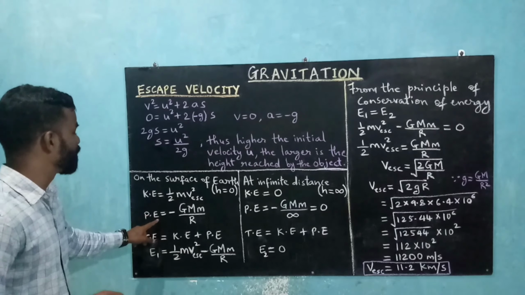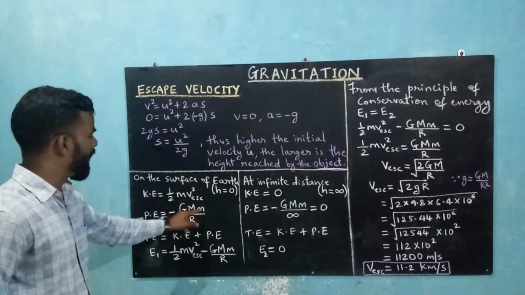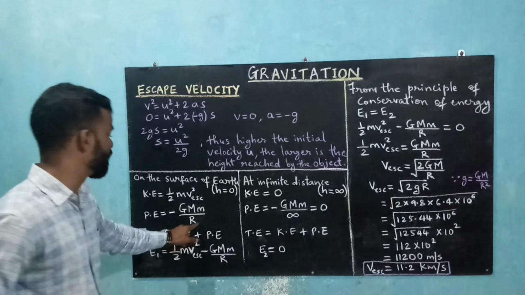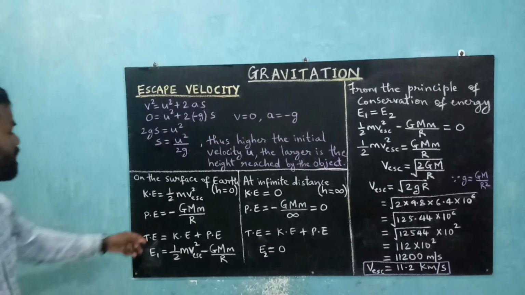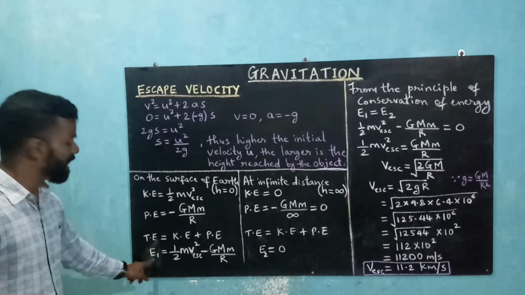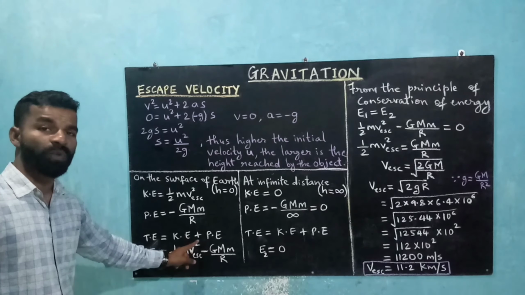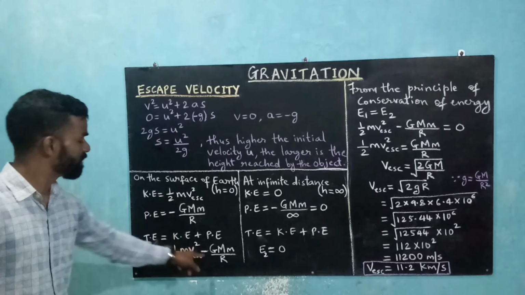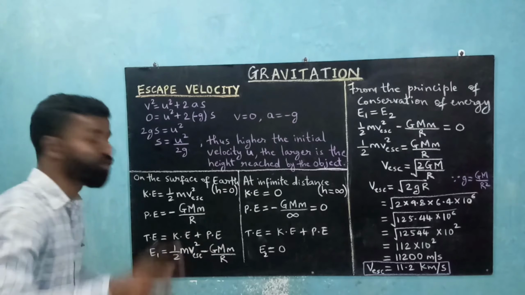The potential energy, we had derived the formula earlier, minus GMm divided by r plus h, but the value for h is 0, so in the denominator it's only r, which is the radius of the earth. So total energy is given by kinetic energy plus potential energy. So total energy we are taking as E1: half m v escape square minus GMm divided by r. So this is the value for E1.